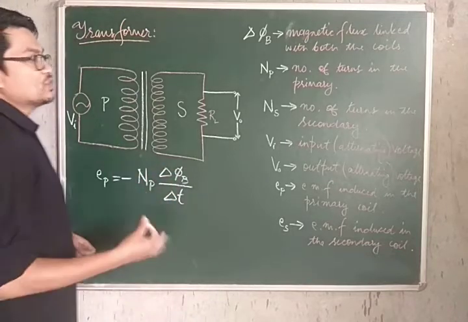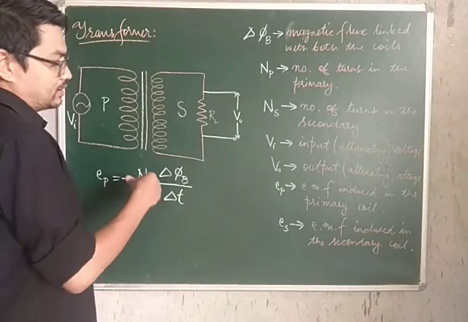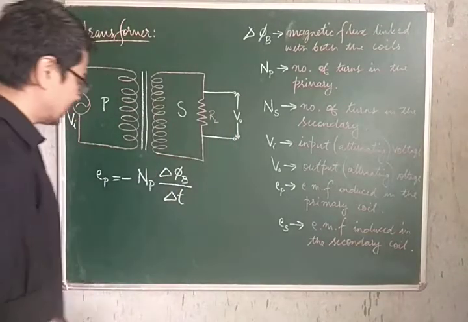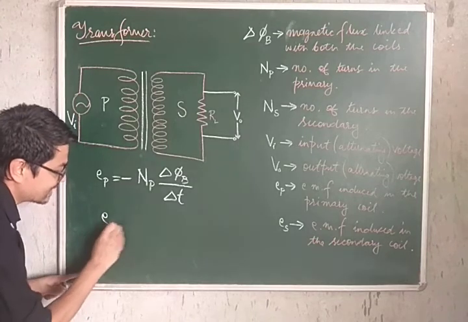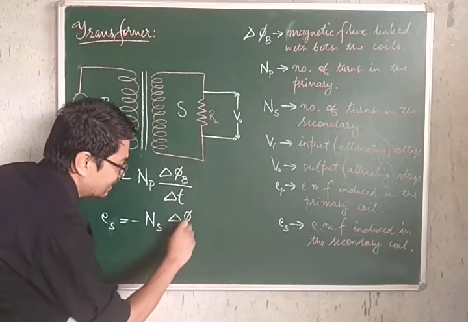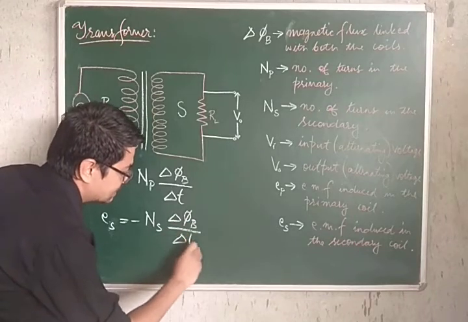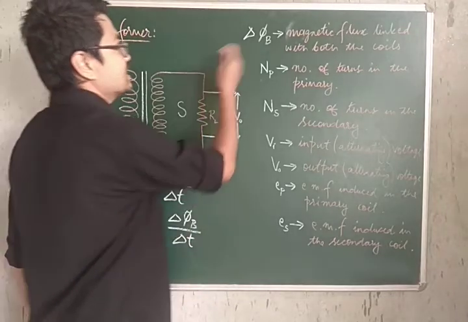Now, since we are assuming that there is no loss of magnetic flux, the EMF induced across the secondary will be minus Ns delta phi B by delta T. Okay, I've made a mistake over here.